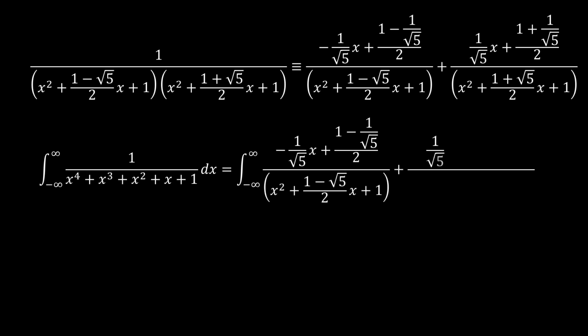This is the same as the integral from negative infinity to positive infinity of negative 1 over root 5 x plus 1 minus 1 over root 5 over 2, all over x squared plus 1 minus root 5 over 2 x plus 1, plus 1 over root 5 x plus 1 plus 1 over root 5 over 2, all over x squared plus 1 plus root 5 over 2 x plus 1.